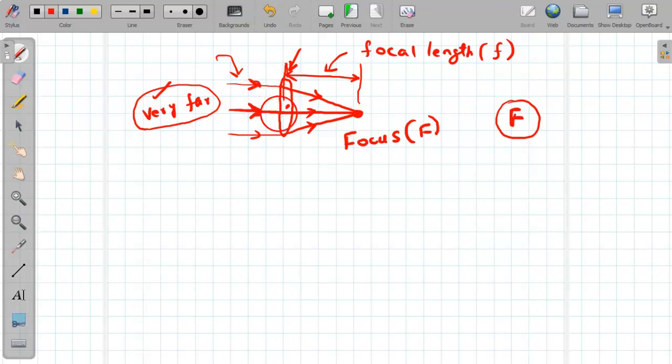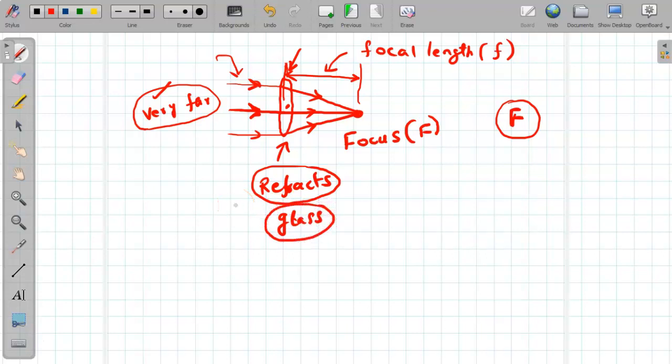It refracts once it is passing through the lens. Refracts means the bending of light. The light rays bend because the lens is made of glass.